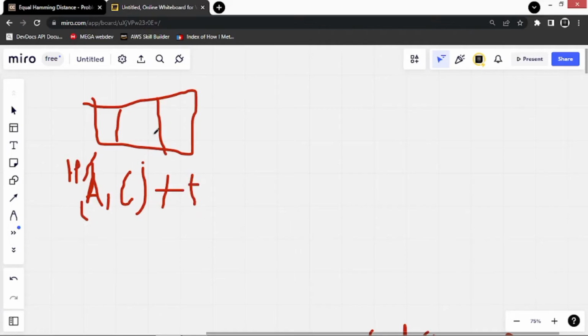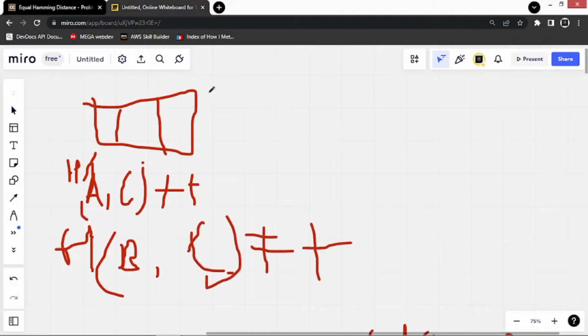In the second case, we can increase HBC by 1 by making the character in C the same as in the binary string B. So one time our counter of this increases, and one time our counter of that increases. Now for the third case, we know that we can't make both of them the same.